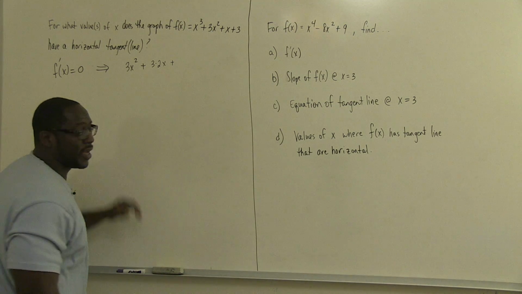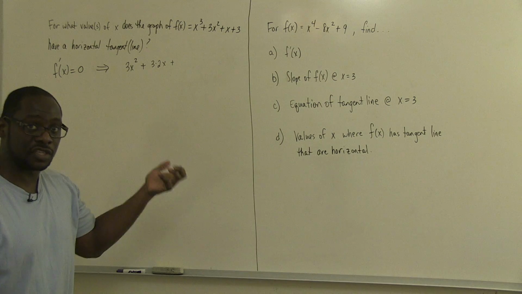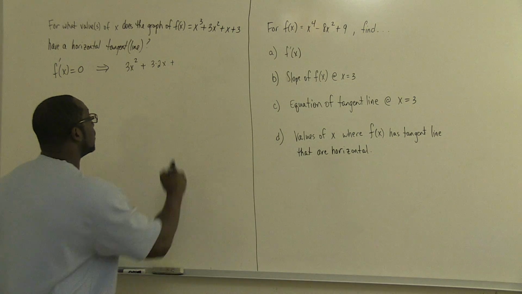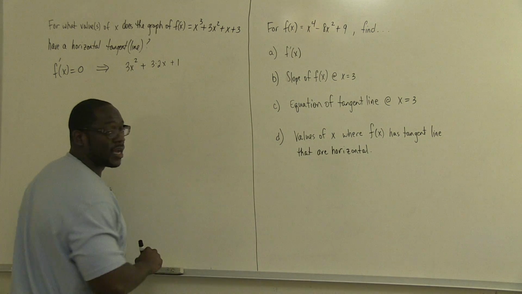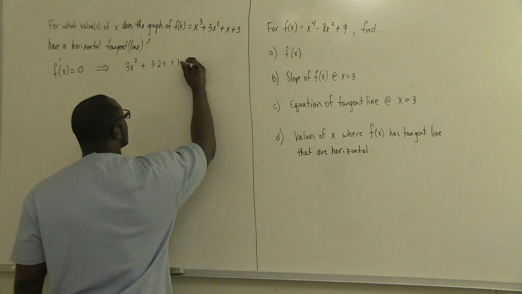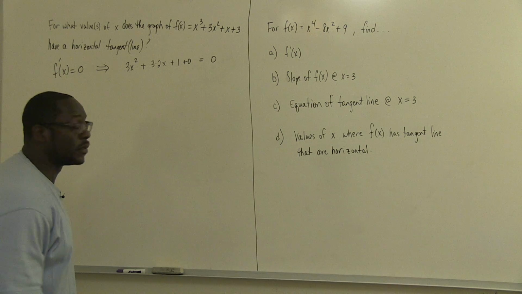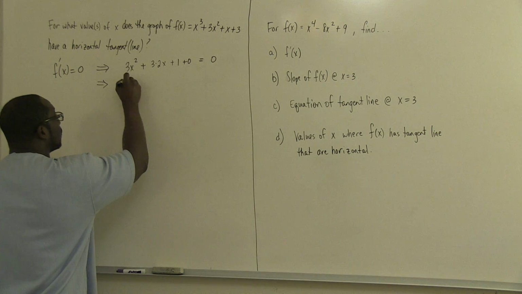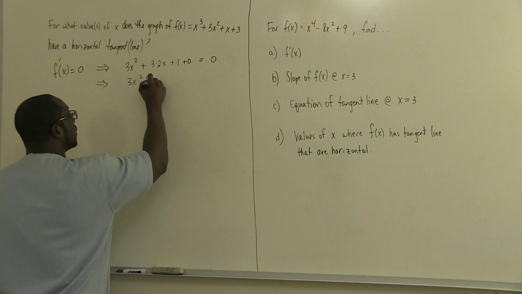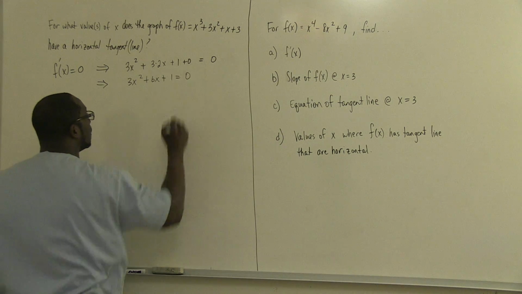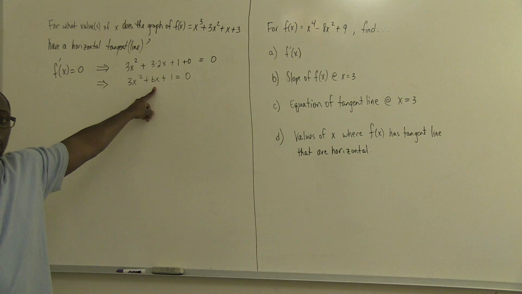The derivative of x is just the slope, which is just 1. And then of course the derivative of any constant is 0. And we set that equal to 0. And so if we clean everything up, make it look nice, we are trying to solve this particular quadratic equation.